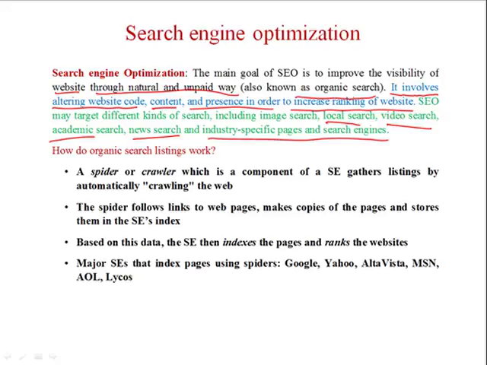Then you can increase the rank of your website. And when people search for your website by using a simple keyword like your name or some related words, in any search engine, then your website will come at a higher position.